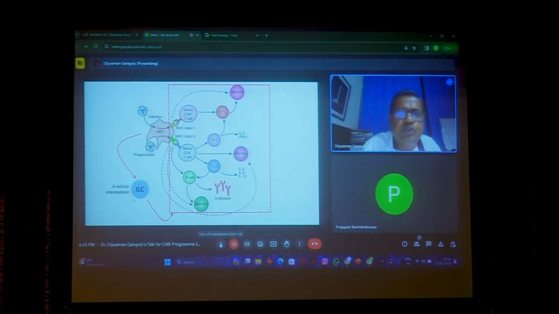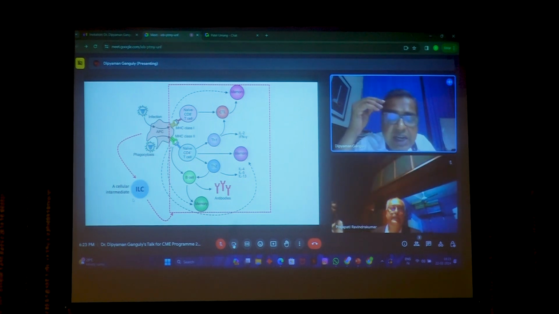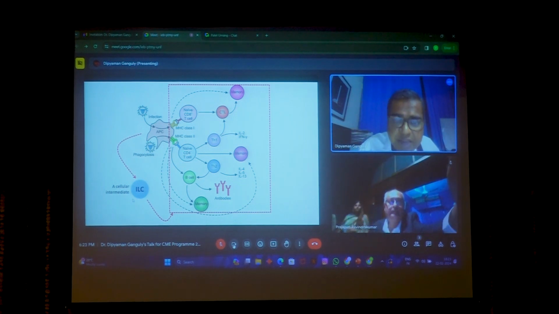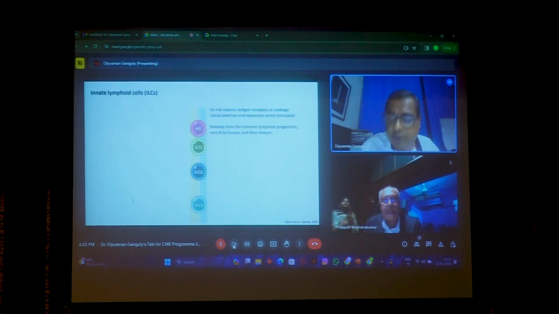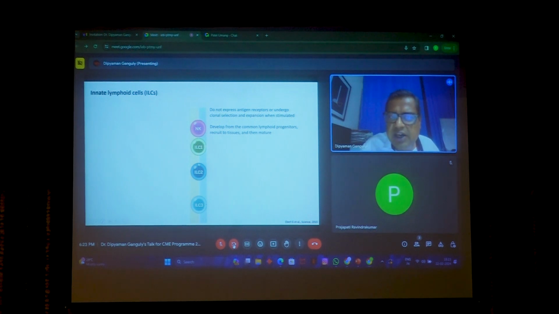the innate lymphoid cells, which are a very interesting intermediary between the innate and adaptive immune system. It's a cellular intermediary, so this is not a molecular interaction that is happening. The cellular intermediacy is happening through cytokine production. Now, there are different kinds of innate lymphoid cells.